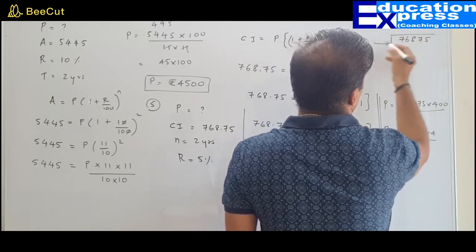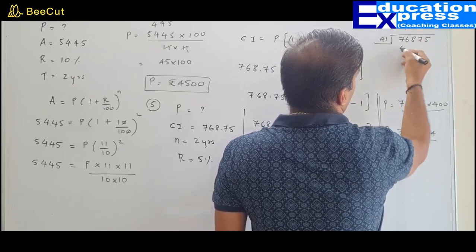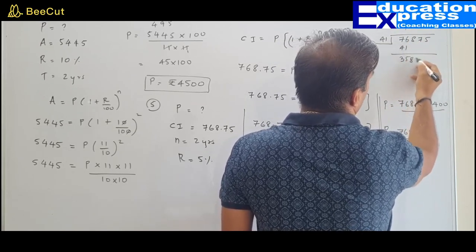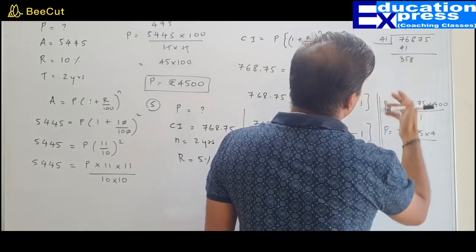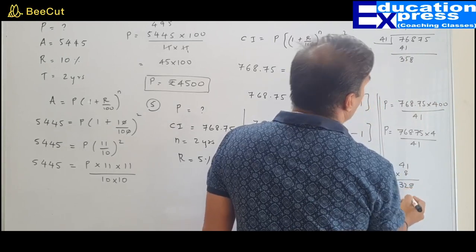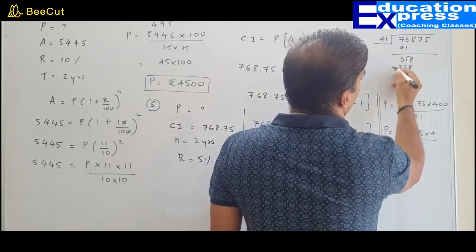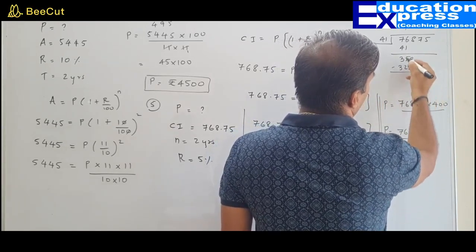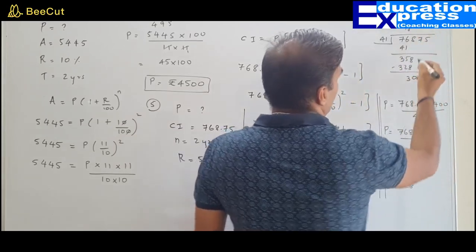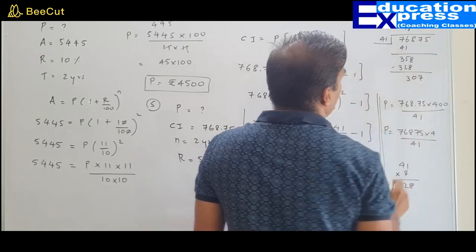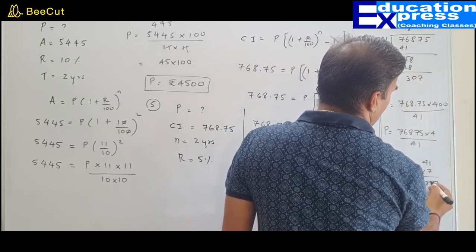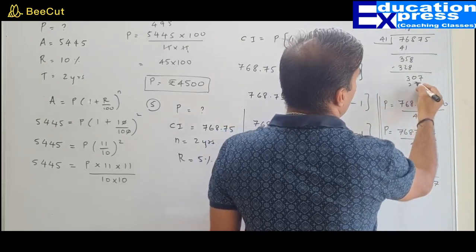76875 divided by 41. 41 ones are 41. Carry down 5 and 3. 8. 41 8s are 328. Carry down 7. 41 7s are 287.